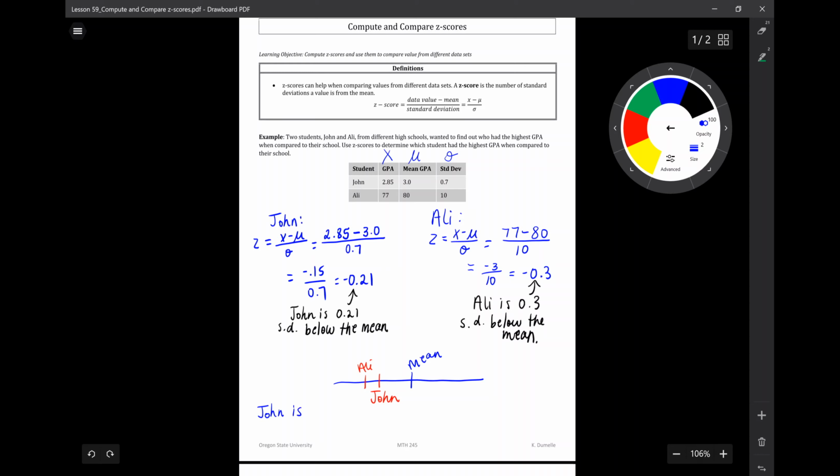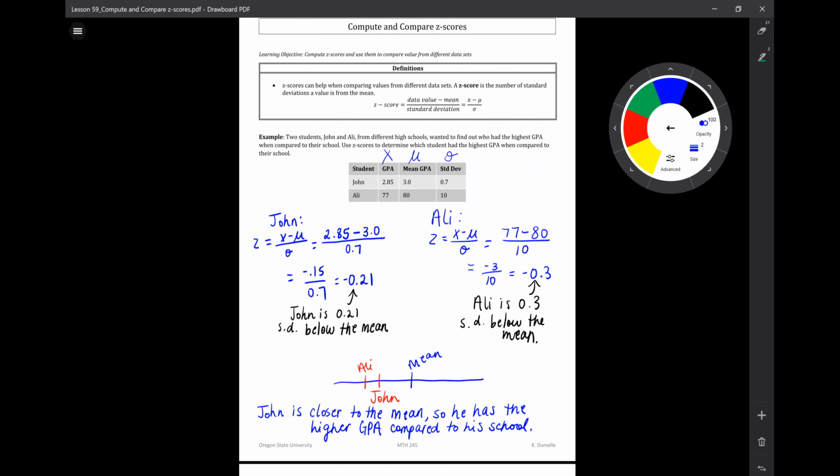John is closer to the mean, so he had the higher GPA compared to his school. Okay, so that's how we can use z-scores in order to determine how two data sets compare to each other.